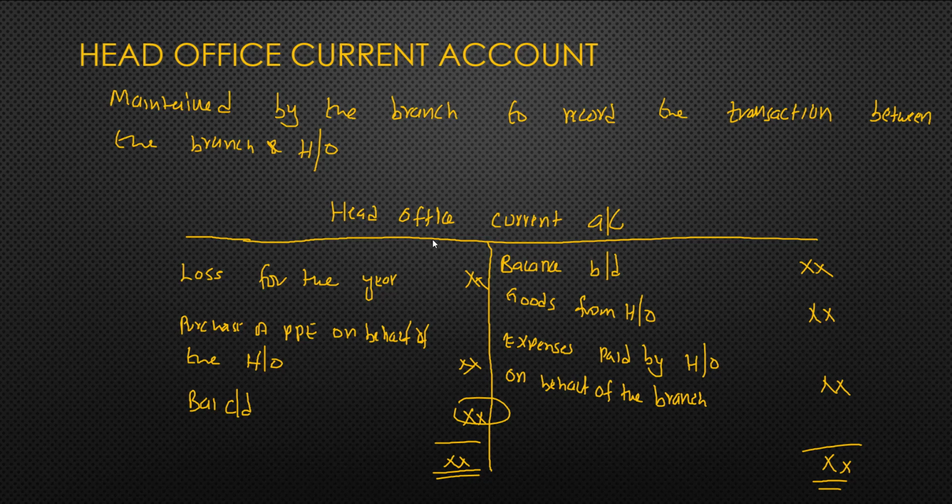The head office may dispatch the goods to the branch, but the branch may not have received the goods and will not therefore record the transaction, and again the balances will not be equal. Another reason is when there is interbranch transfer. So those are the three reasons that will make the two balances not equal and opposite.